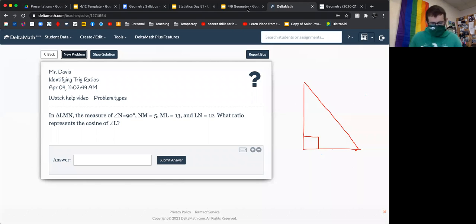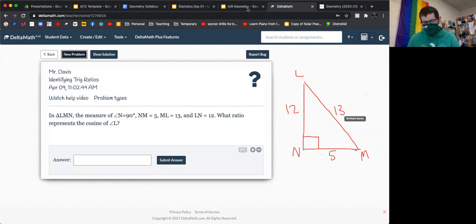All right, I'm going to put the labels on my triangle, and see if your triangle looks the same as mine. I'll put my M right here, so that makes that 5. Put the L right here, which makes this 12. And ML is 13.